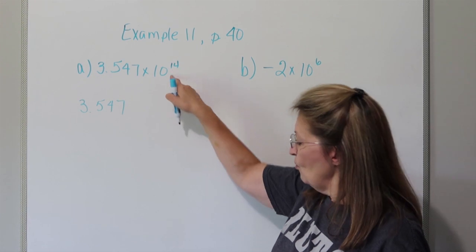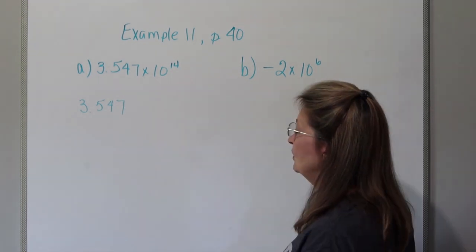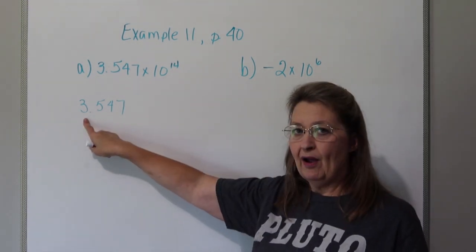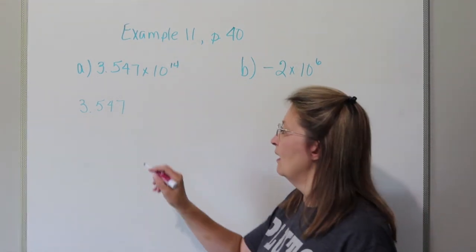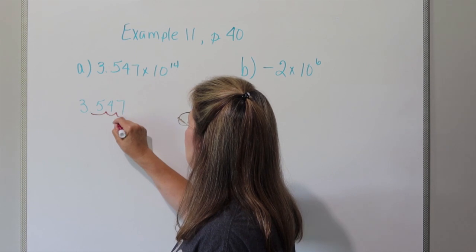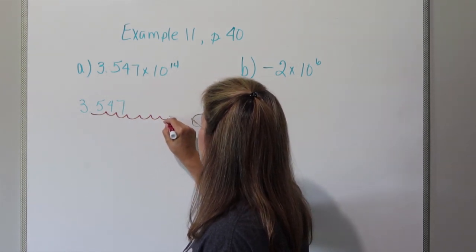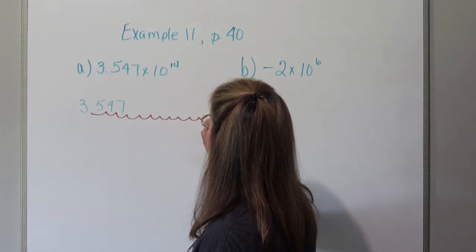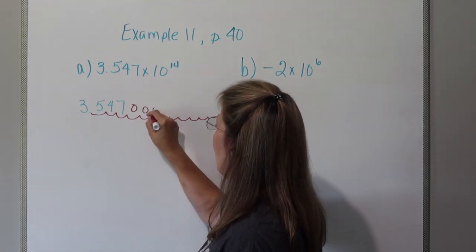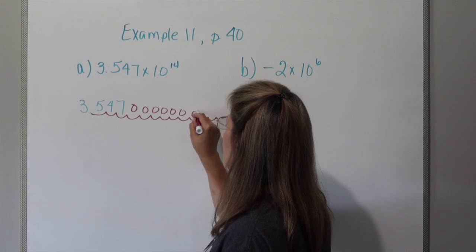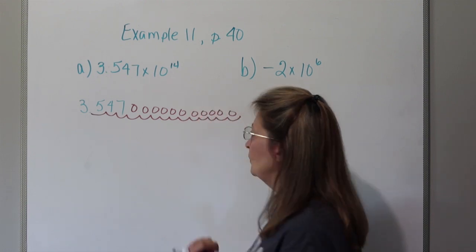Alright, now since this is a 14, what I'm going to do is go where my decimal is right now, and I'm going to move it to the right 14 times. 1, 2, 3, 4, 5, 6, 7, 8, 9, 10, 11, 12, 13, 14. Then I'm going to fill in all of these with zeros.